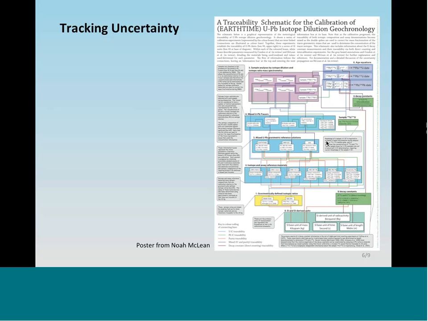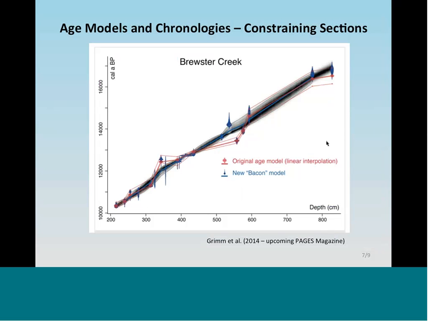This kind of explicit statement has a lot of power in terms of communicating what's really going on and how well we actually understand the ages and times that we're looking at.